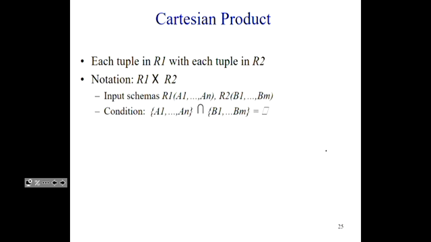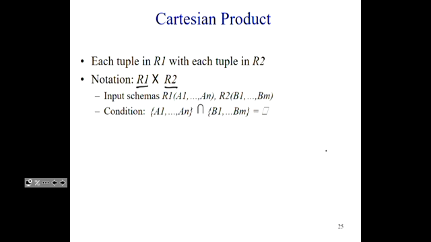Then the last basic operation is the Cartesian product operation. This should be familiar if you know Cartesian product from other contexts. Cartesian product basically tries to associate every tuple in one relation with every tuple in the other relation. The way to represent that is using an X. So R1 X R2 is basically saying take the Cartesian product of R1 and R2.